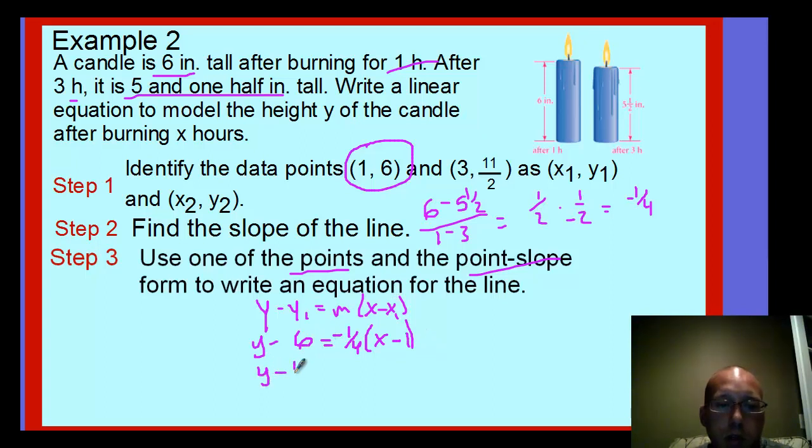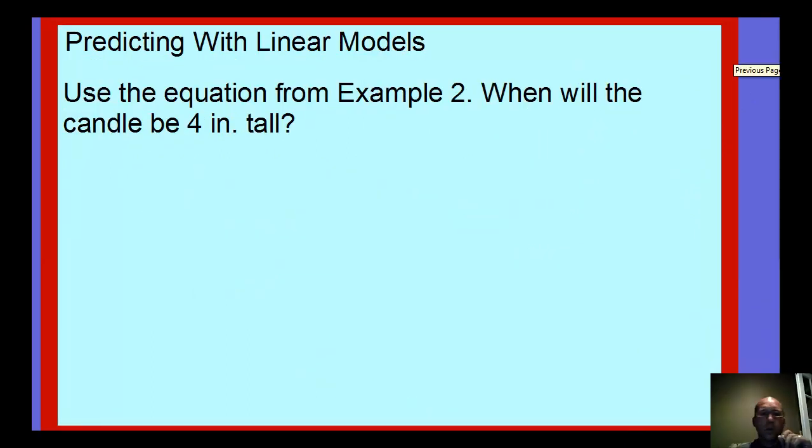So we have y minus 6. Distribute the negative 1/4, and add 6 to both sides. You have to do this fraction work really quick. Add 6, so it's just plus 6 1/4. So there's the equation to describe this situation, and we can use that in the next part.